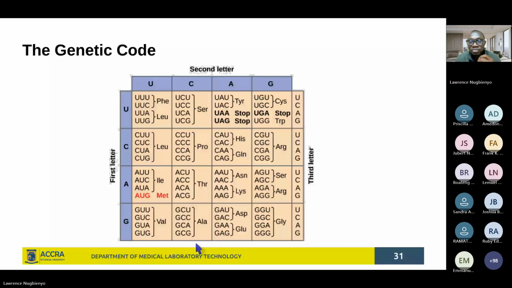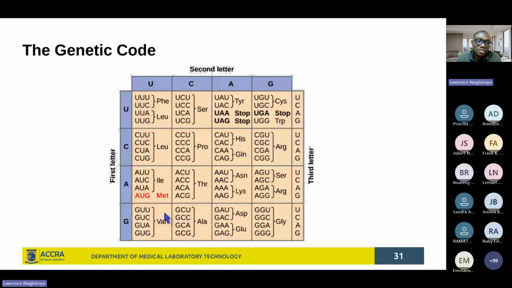Now, the genetic code is made up of triplets, like you have 3 nucleotides that code for a particular amino acid.